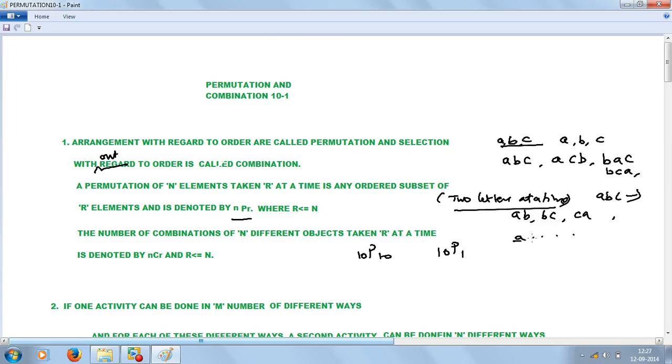You can say only A, B, C, D, E, F. It is equal to 10 ways only. Why? A, B, C, D, E, F, G, H, I, J: 10 letters taken one at a time. Only 10 ways. You can write A, you can write B, C, D, like this. You can only write in 10 ways.